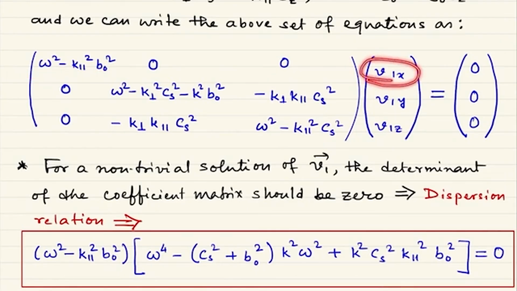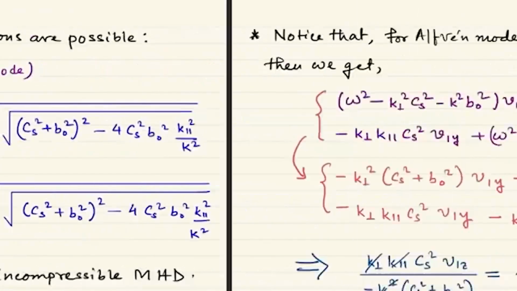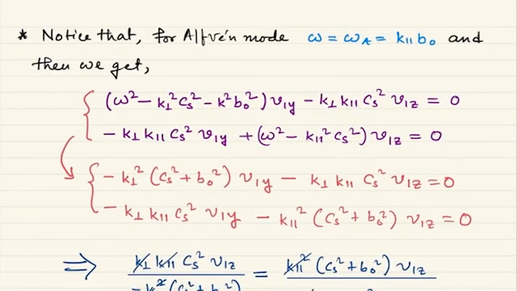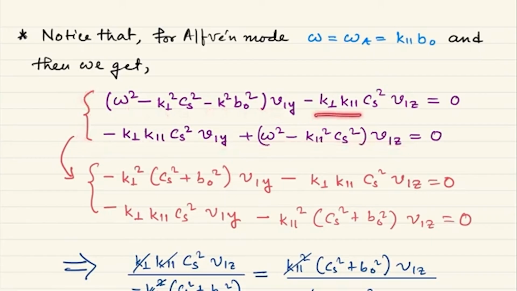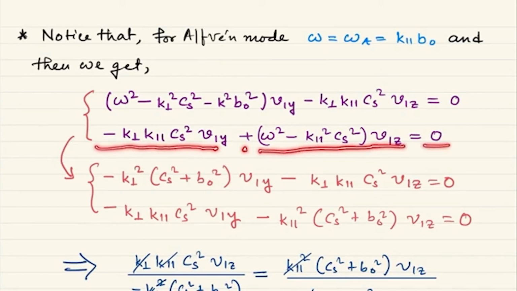So this part does not need to be 0, and what will be the form of this part, that I will check. Under that condition, we have these two equations: omega square minus k perpendicular square ca square minus k parallel square B0 square times V1y, minus k perpendicular k parallel ca square V1z is equal to 0. And then minus k perpendicular k parallel ca square V1y plus omega square minus k parallel square cs square V1z is equal to 0.